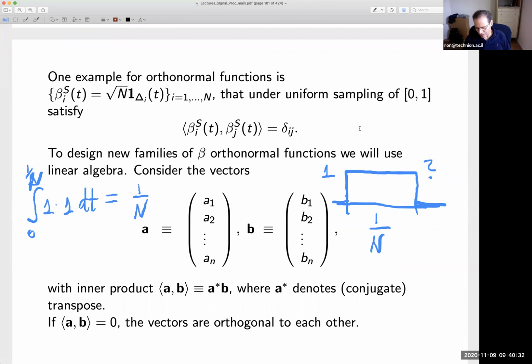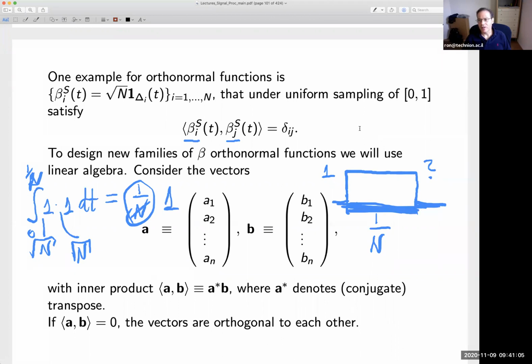Therefore, the inner product of bi and bi would be 1 over n. In order for it to be orthonormal, in order for this value to be equal to 1, I need to plug in here square root of n, and here also square root of n, and this would guarantee that the multiplication of square root of n by square root of n would be n, and therefore I could cancel it with the support, with the time interval that I have here.